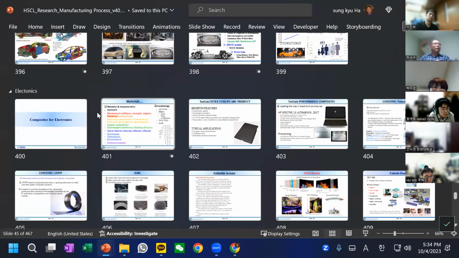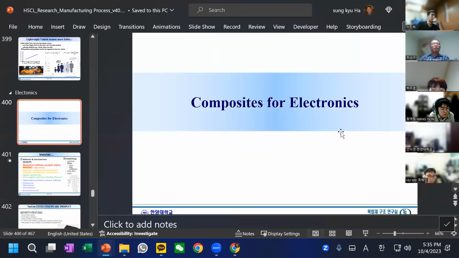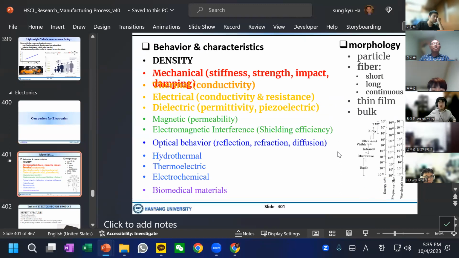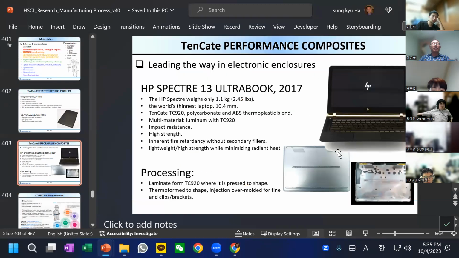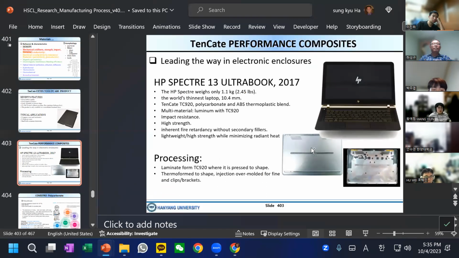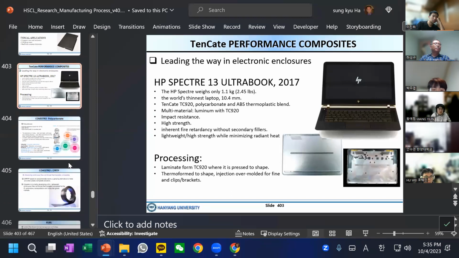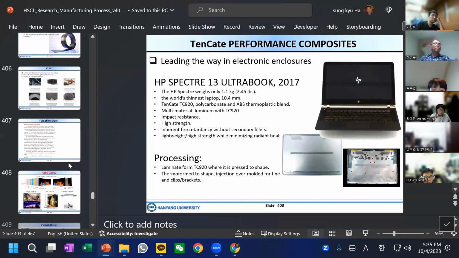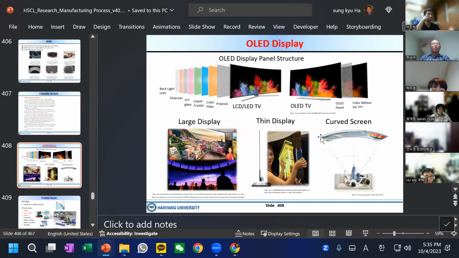Oh, by the way, understanding of composite can also be applied to electronics, like the folded cellular phone. The glass of your cellular phone is actually a composite full of layers, an OLED. There are many different layers and layers and layers.